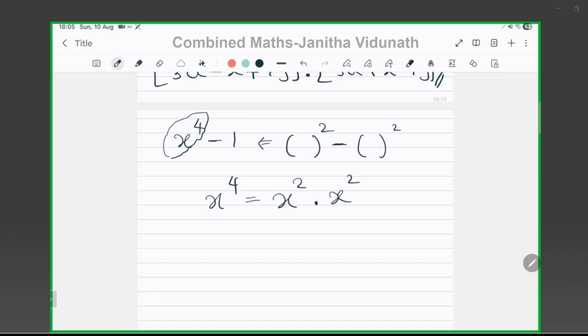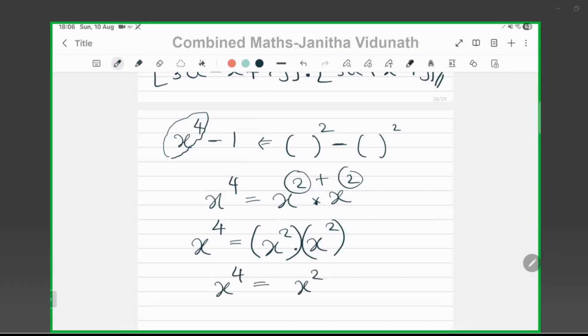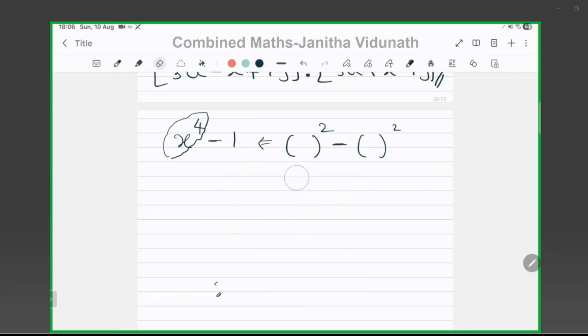We know that when multiplying the same terms, the powers add, like x to the power 4 means x to the power 2 times x to the power 2. Then we can write x to the power 4 as x to the power 2 whole square. Now we can substitute x to the power 4 as x to the power 2 whole square and 1 as 1 square.